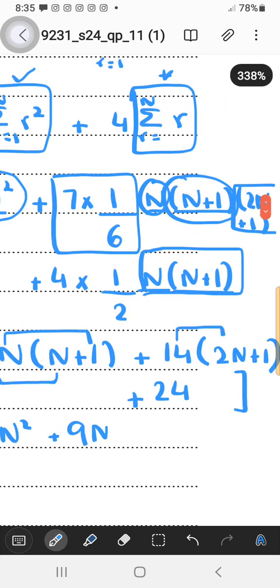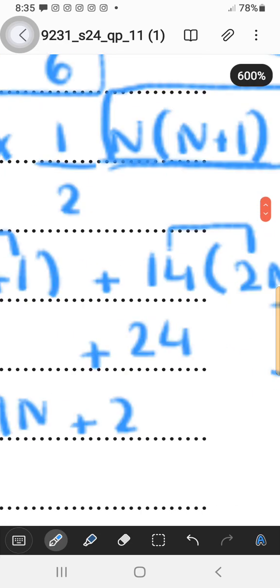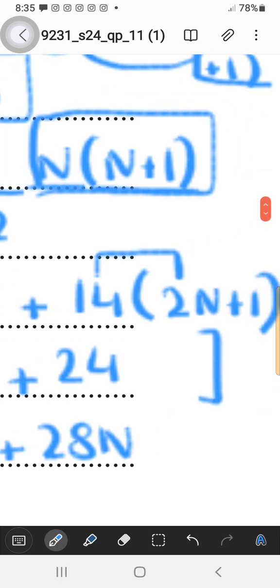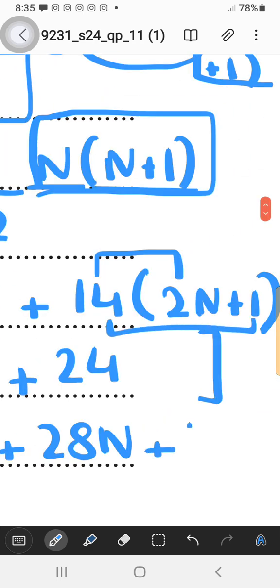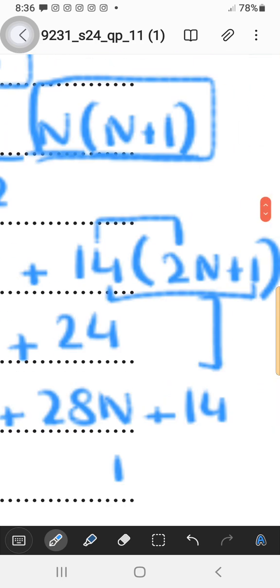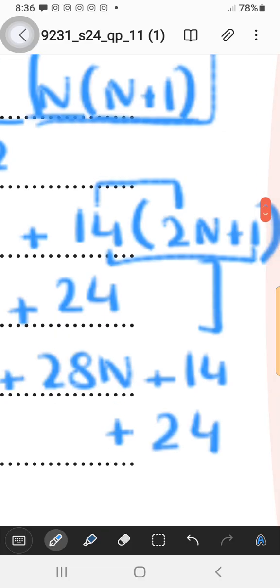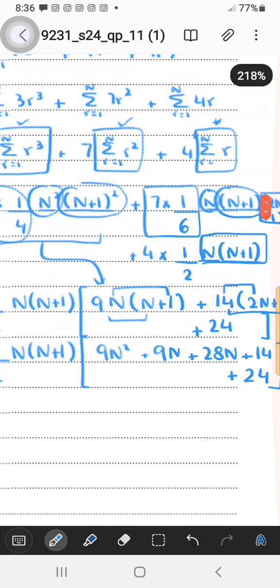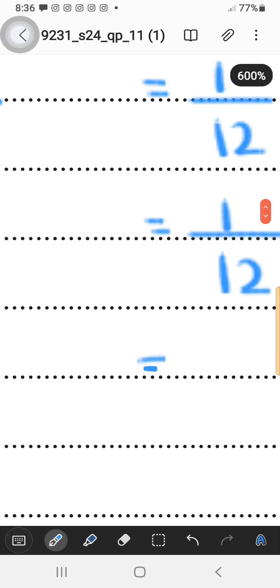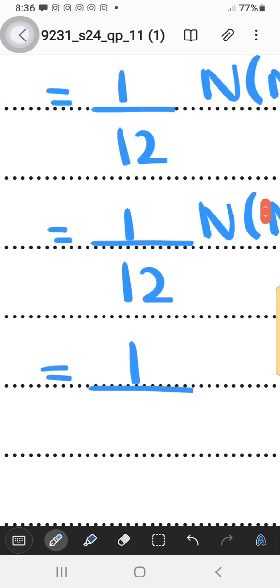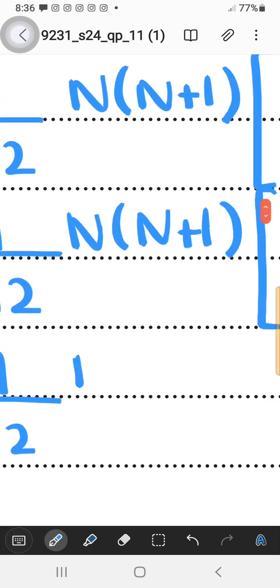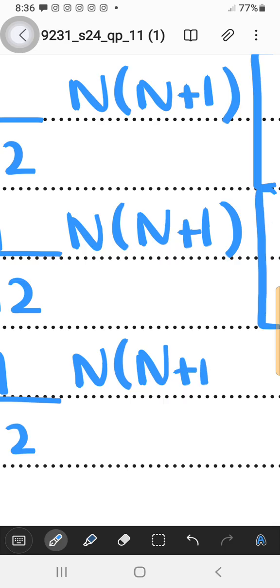Then we multiply this, it becomes 28n. Then we multiply this, it becomes 14, and the 24 remains as it is and the bracket gets closed. Then we will do 1 upon 12 and n plus 1.